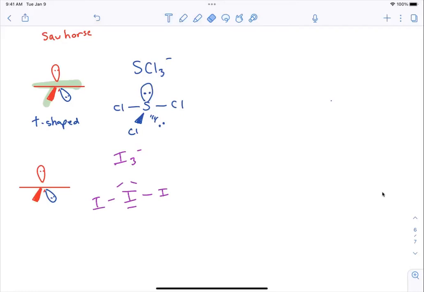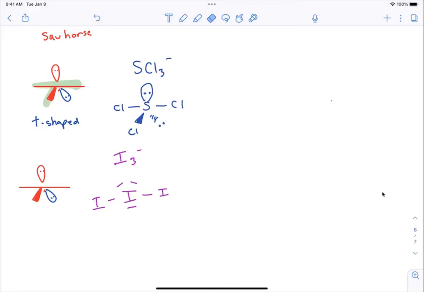Okay, Aman, which one's the furthest one away? Which line is the furthest away from the two lone pairs we have already here? Aman, which one do you think? The wedge. Because the wedge is 120 degrees away, everything else is 90 degrees away.